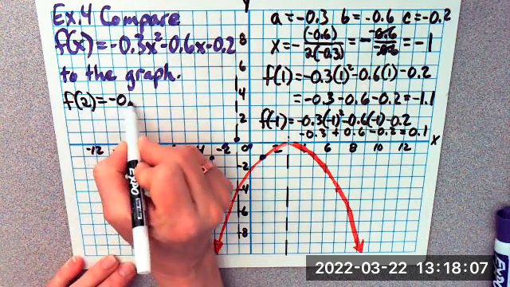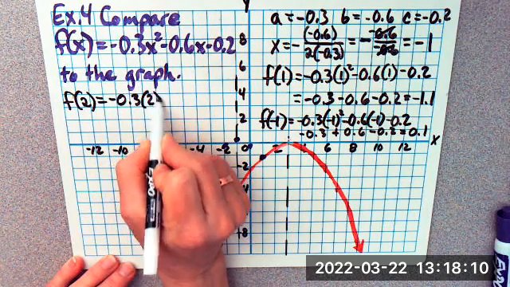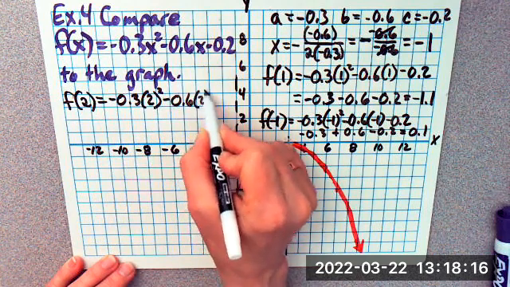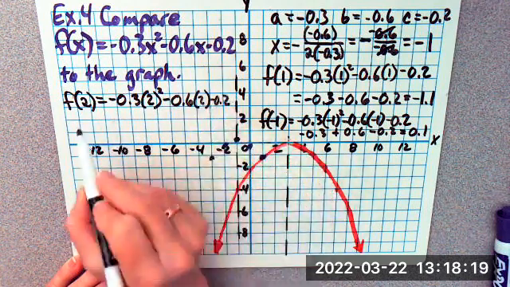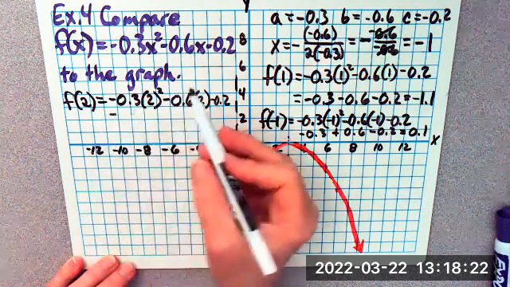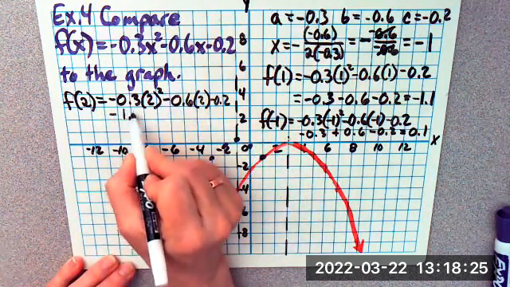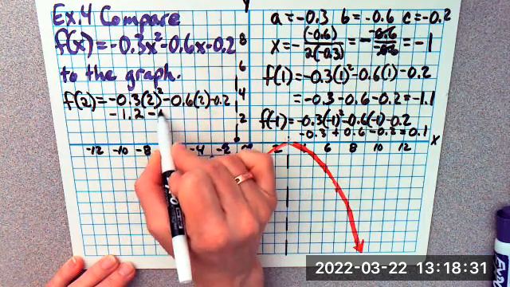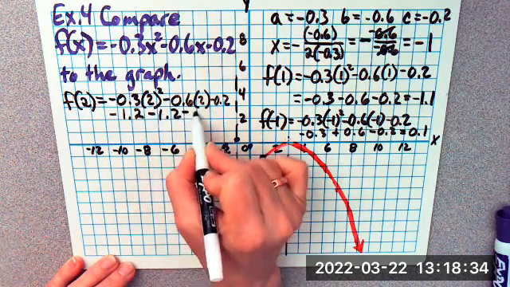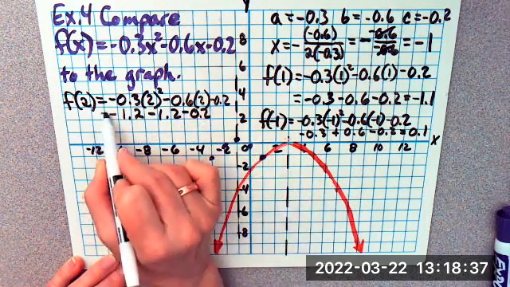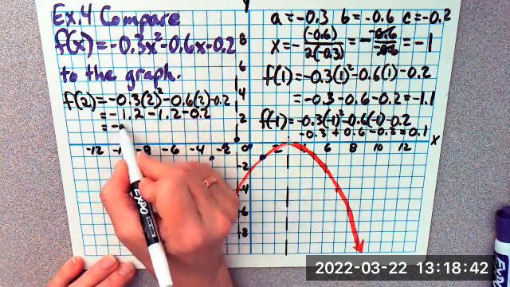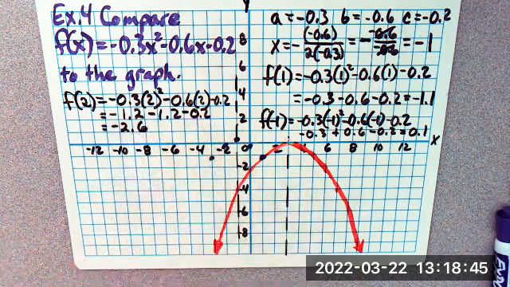So we have negative 0.3 times 2 squared minus 0.6 times 2 minus 0.2. So this gives us negative 0.3 times 4, which is negative 1.2, minus, and that's again 1.2 minus 0.2. So that gives us negative 2.6. So at 2, we're at negative 2.6.